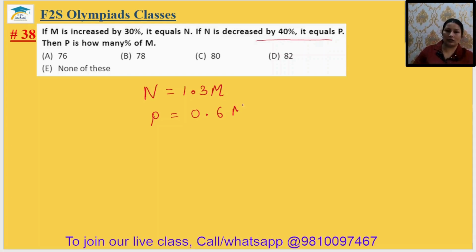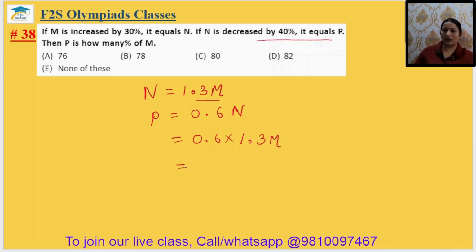Sorry, it is N. P is related to N. So P is 0.6 N. We know we have to find it in terms of M. So can I write P equal to 0.6 into 1.3 M?